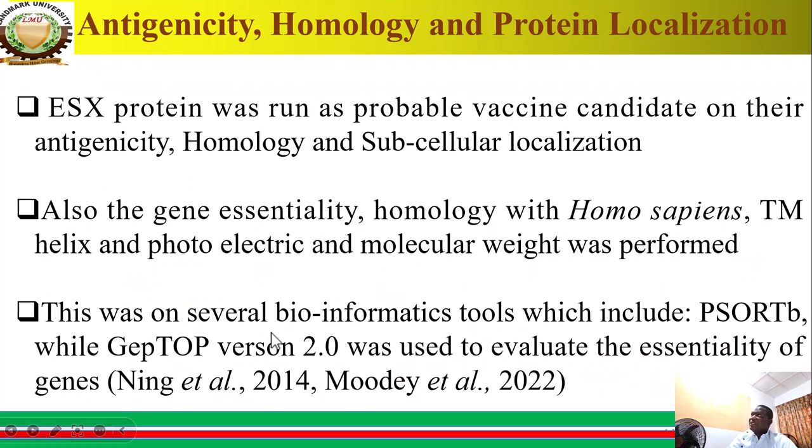After that, for the retrieved sequences, antigenicity was assessed, as well as homology, whether it has the probability to react with human genes, and the subcellular localization was also performed. Also, gene essentiality was performed.